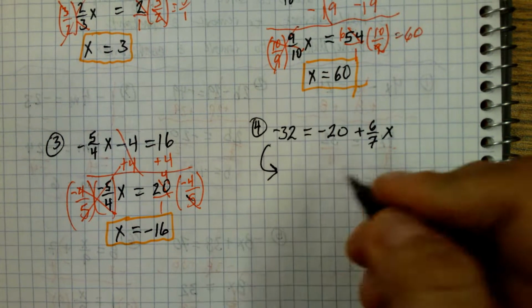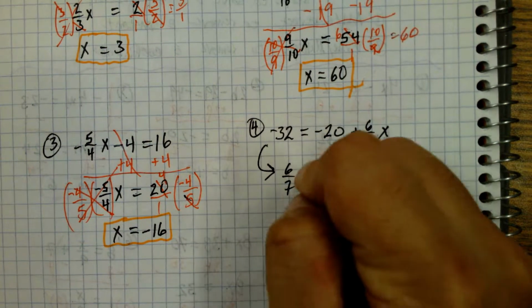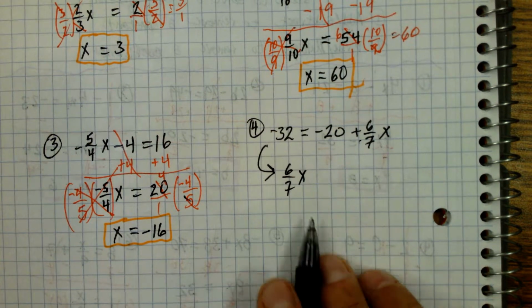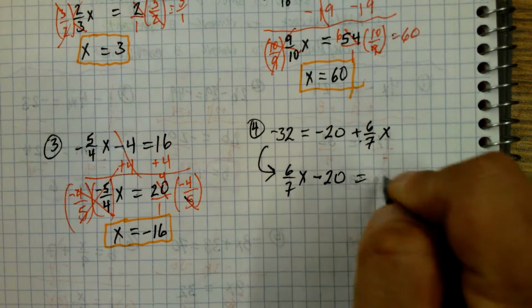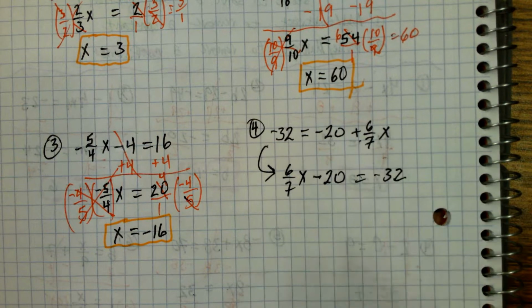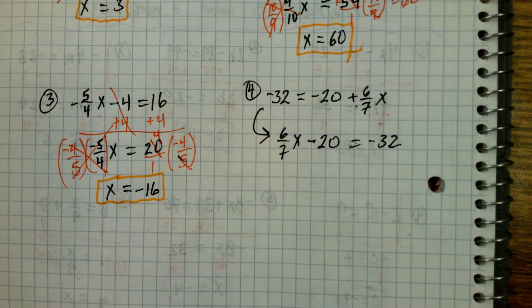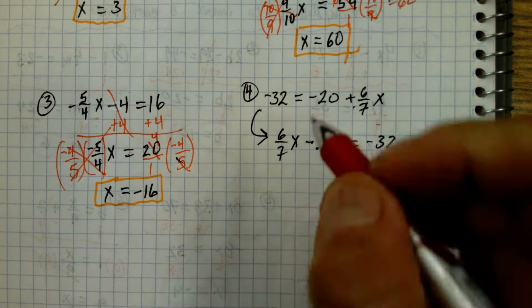So let's do 6/7 x. That's positive. So there it is. Take away 20 equals negative 32. If we turn it around, we can rewrite it this way. Okay. And let's get rid of 20.